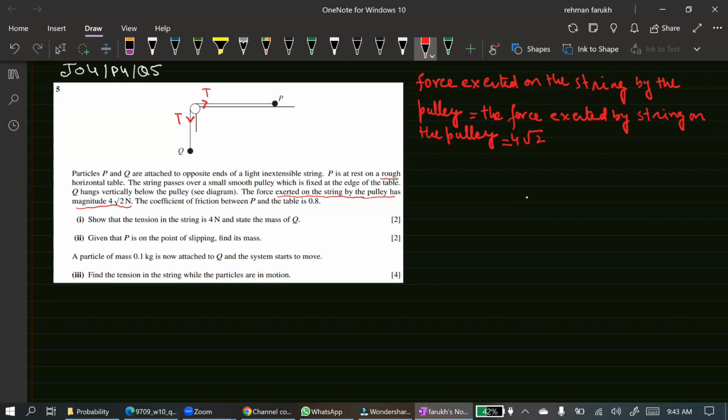Now we will add these two tensions with the help of vector addition.